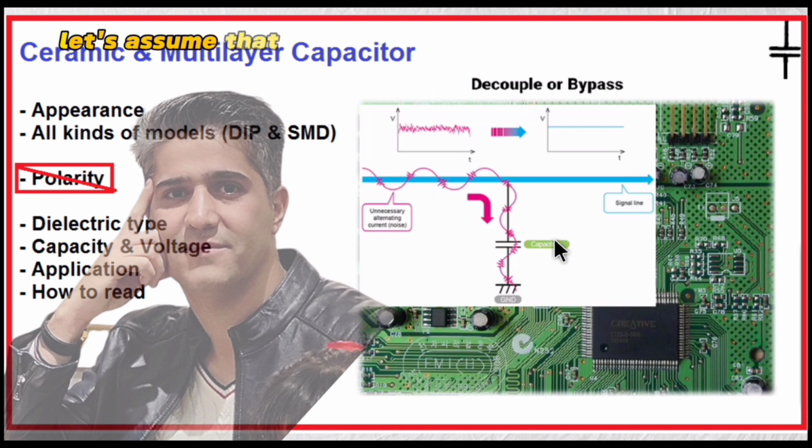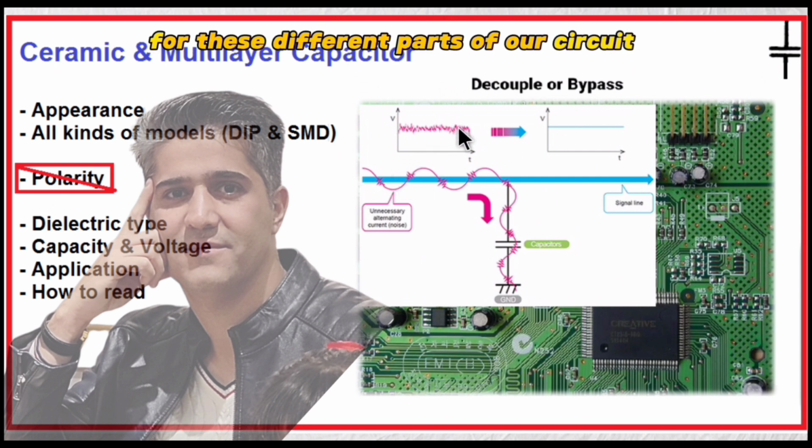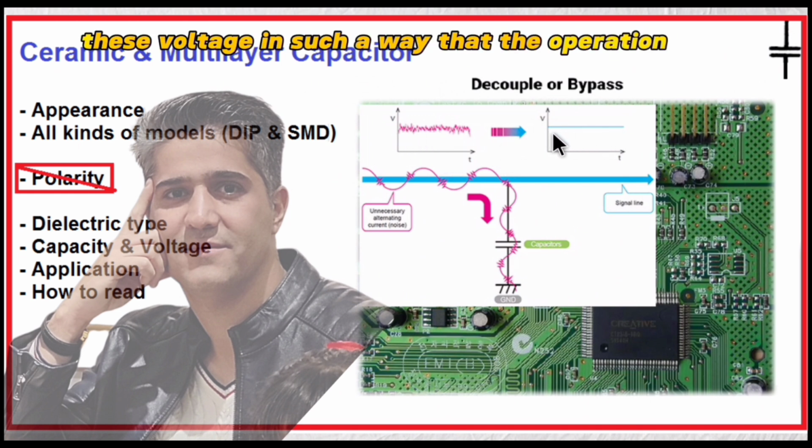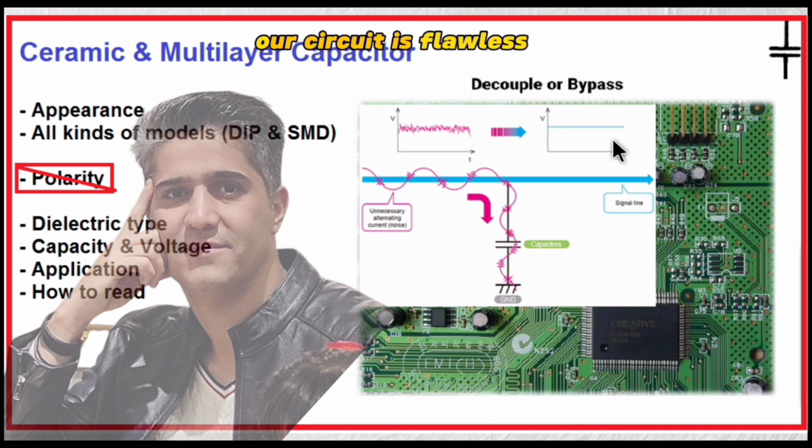Let's assume that the DC voltage is the power supply for these different parts of our circuit, which has a distortion or a high frequency noise. We want to stabilize this voltage in such a way that the operation of our circuit is flawless.